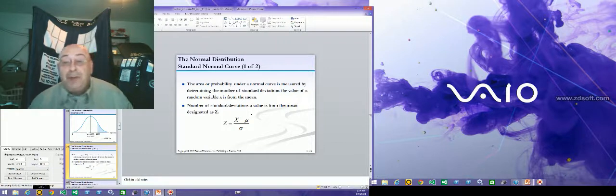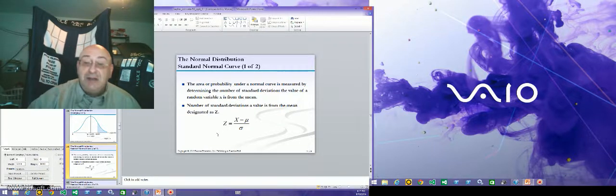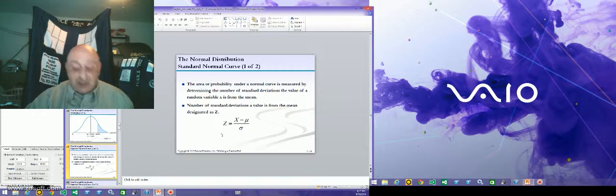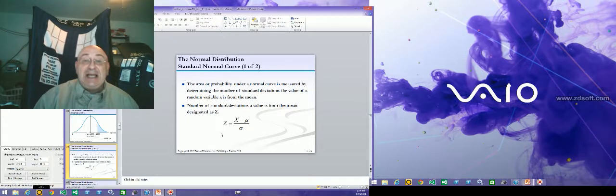Here's our formula. The area probability under a normal curve is measured by determining the number of standard deviations. The value of a random variable x that we want to take a look at, in this case 6,000, from the mean, which is 4,200. What is the number of standard deviations from the mean? That is designated as the z term.